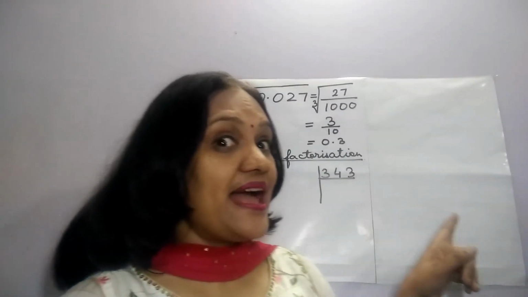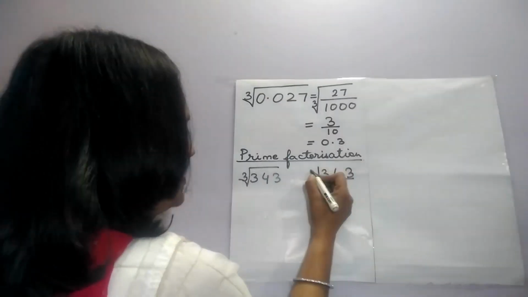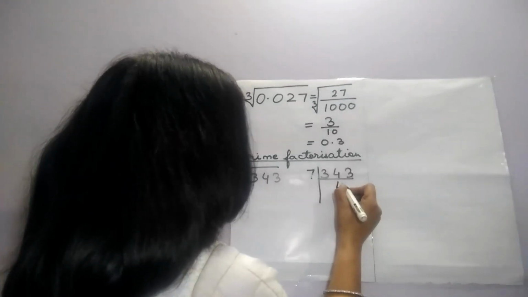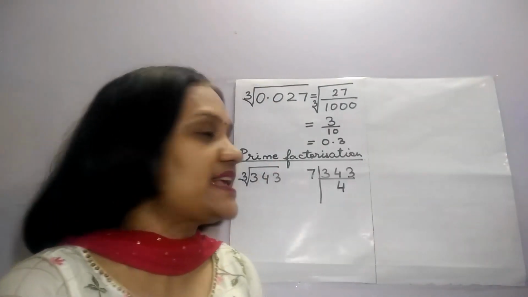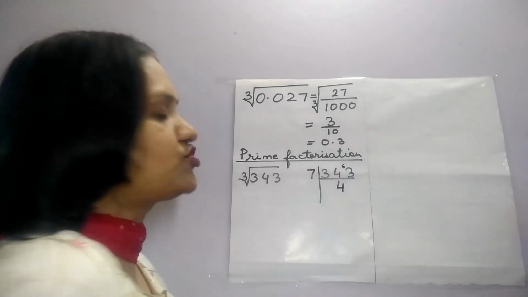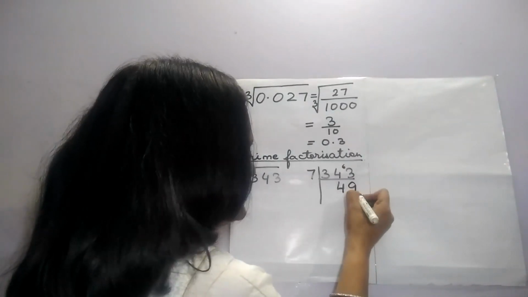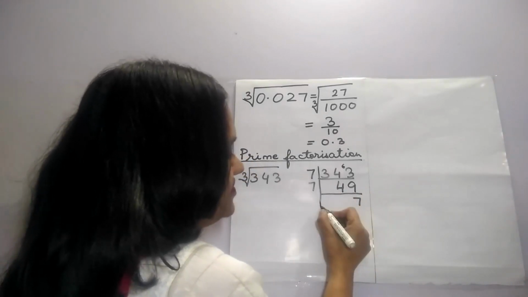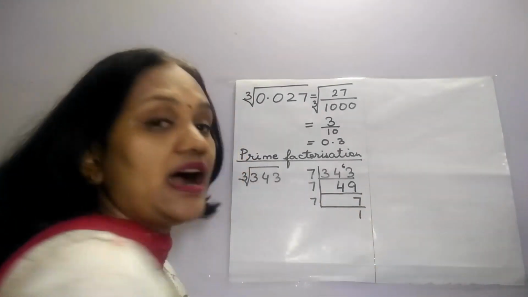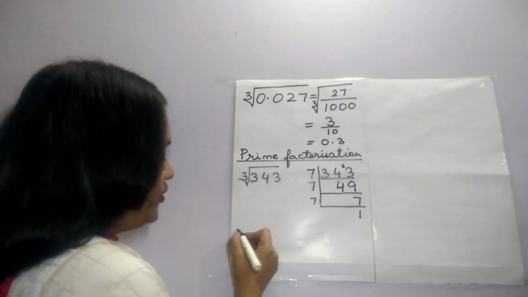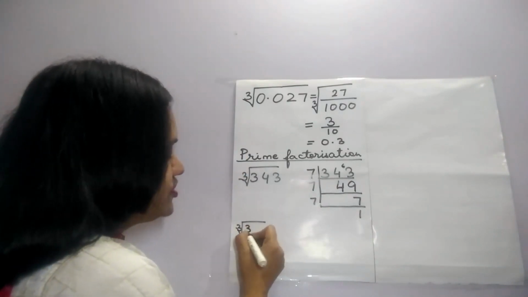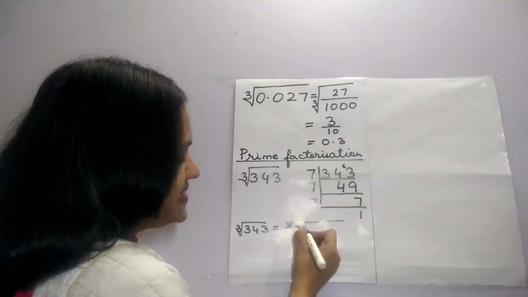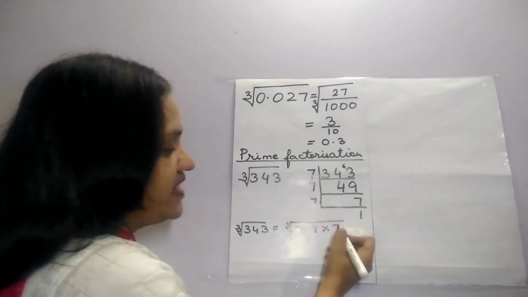It is divisible by 7. 7 4s are 28, remainder 6, we are getting a 63. 7 9s are 63, 7 7s are 49, 7 1s are 7. So, the cube root of 343 is the cube root of 7 into 7 into 7.